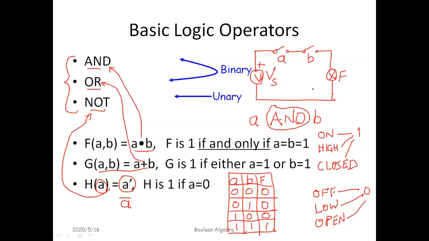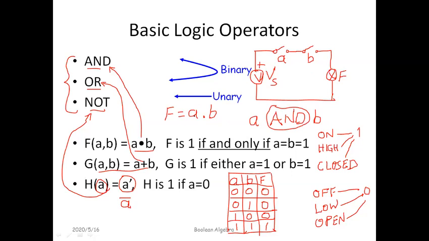So the notation for the AND is a dot: F is equal to A dot B, so F is equal to A and B. The behavior here simulates two switches connected in series.